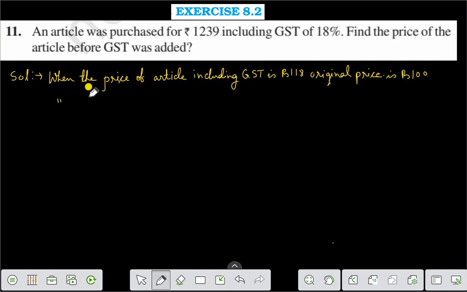When the price of the article including GST is rupees 1, the original price is rupees 100 by 118.